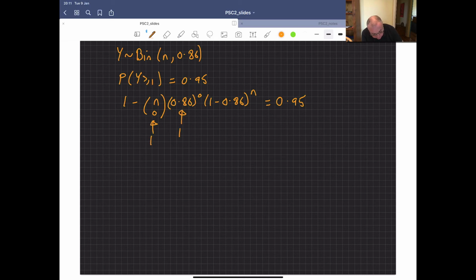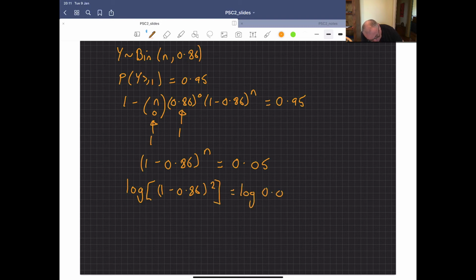So if I rearrange it, I get 1 minus 0.86 to the n equals 0.05. How do I solve that for n? Well, there's a couple of ways you do it, but the simplest one is you could take logs of both sides. So basically we can say the log of 1 minus 0.86 to the n equals the log of 0.05.